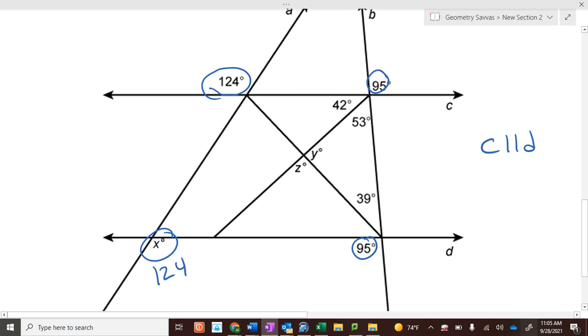Okay, how do we figure out what Y is? There's a triangle there. So how many degrees are in a triangle? 180. What's 53 and 39 add up to? 92. What's 180 minus 92? 88.